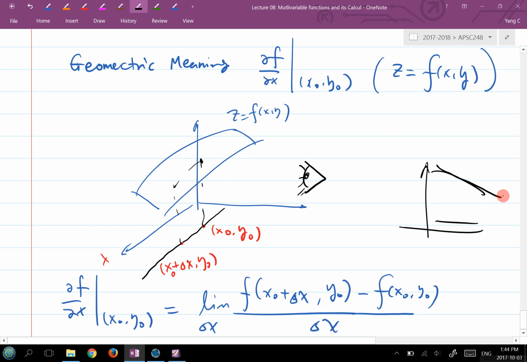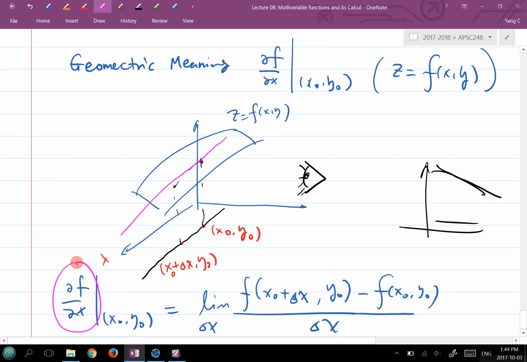That makes sense, right? So the rate of change of the function f with respect to x is a slope here. If you draw a line crossing that x naught, y naught, and z naught point, that line has a slope, and this slope is indicated by this partial derivative.